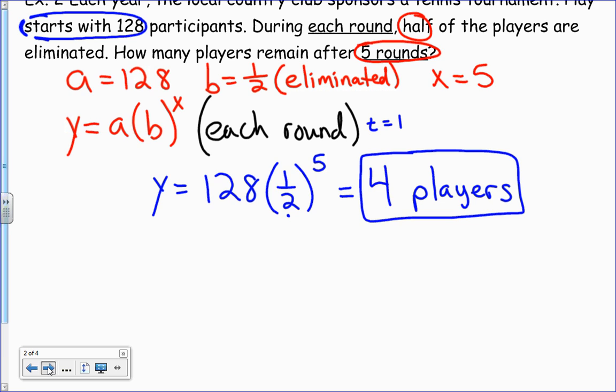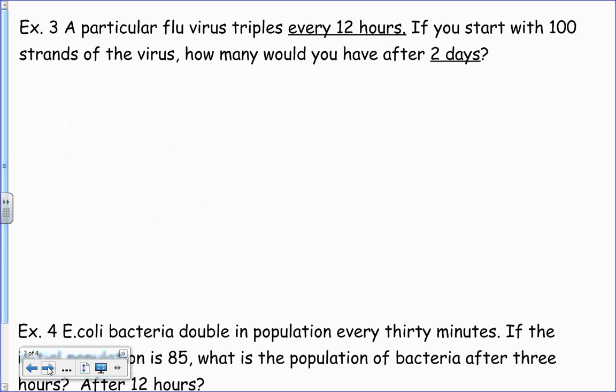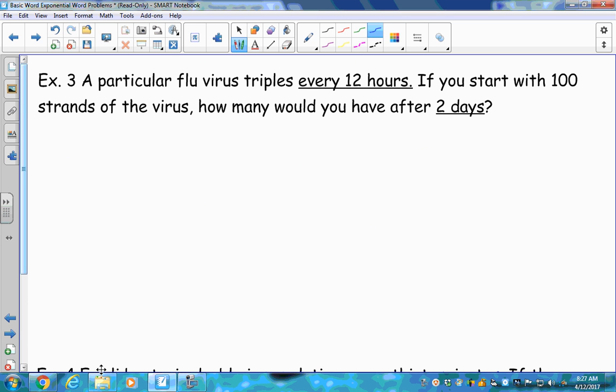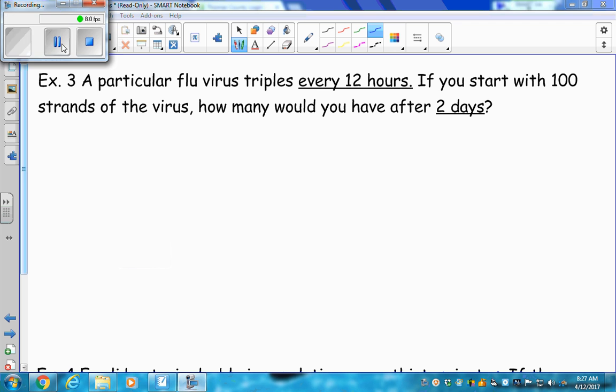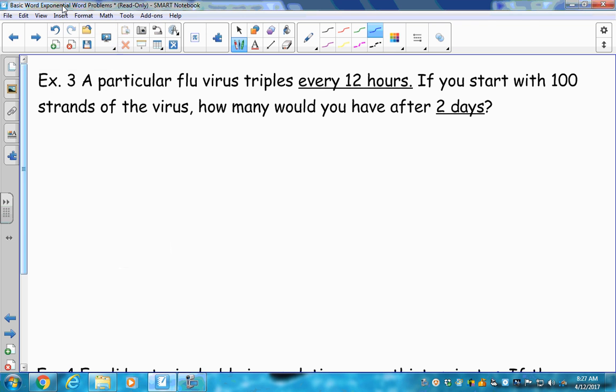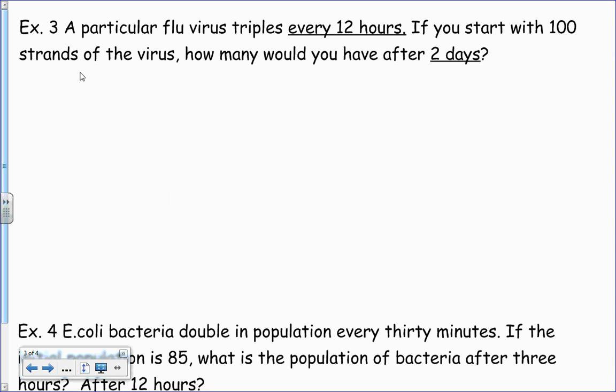All right, let's move to one where you have to use a fraction. All right, this is one I alluded to earlier. Each year, a particular flu virus triples every 12 hours. Okay, so it doesn't triple every hour, every day. It's every 12 hours.